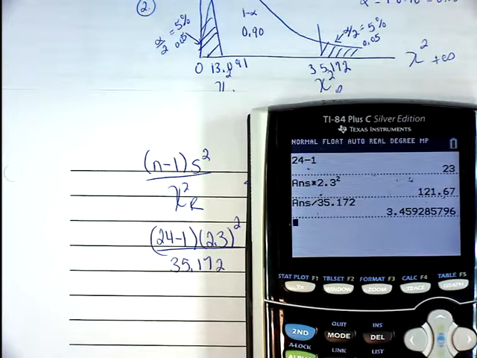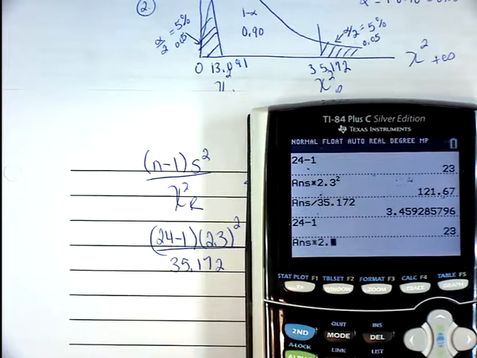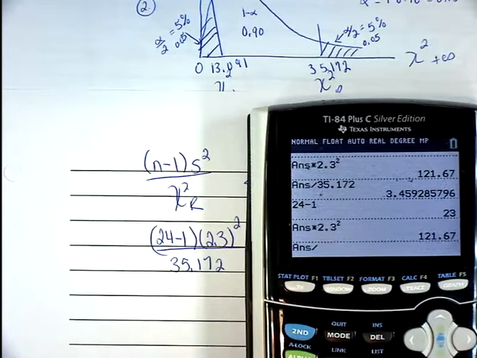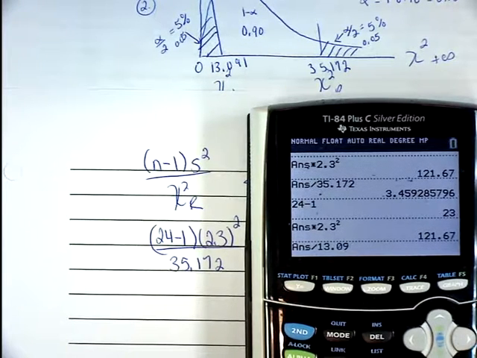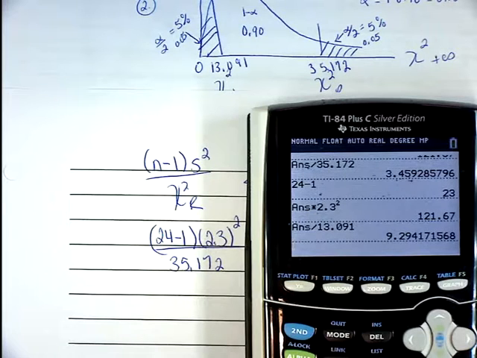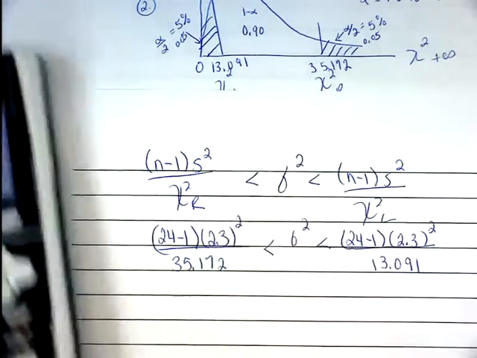The upper number is 24 minus 1 times 2.3 squared divided by 13.091. That's 9.294171568. And I'm going to write both of those numbers down.